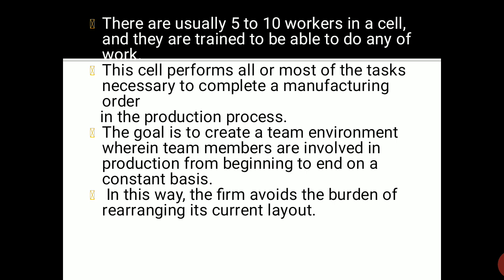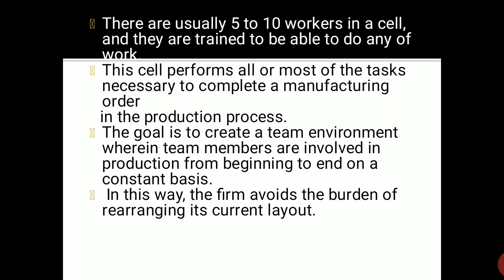Why is this type of cellular layout used? Where you want to build up the team environment, or you want to get the work from the team, and the purpose is that from the very beginning till the end you need the same people to carry out the work, at that time the cellular layout is the most suitable, because in the cellular layout we have the specific arrangement done in a small part.